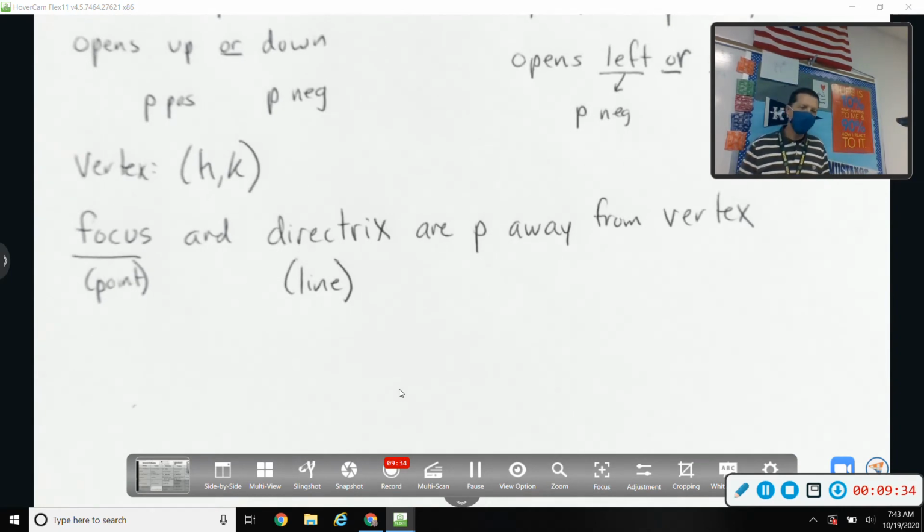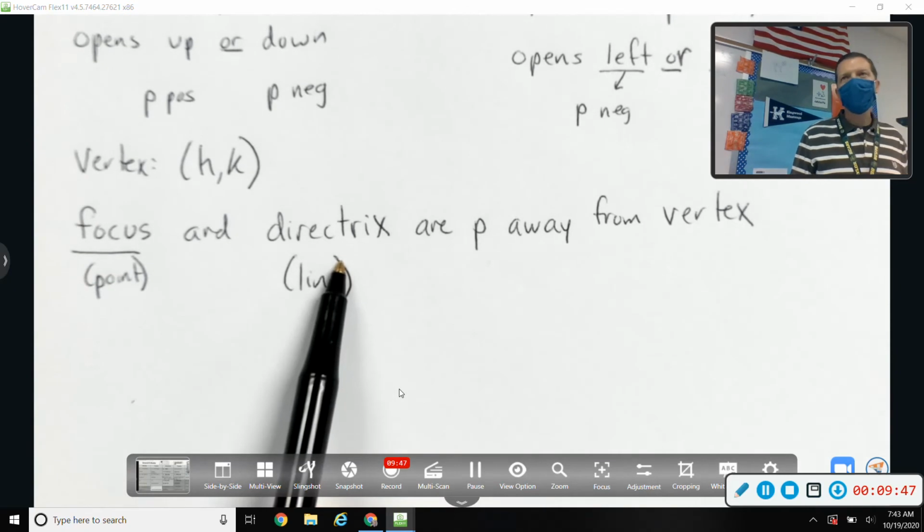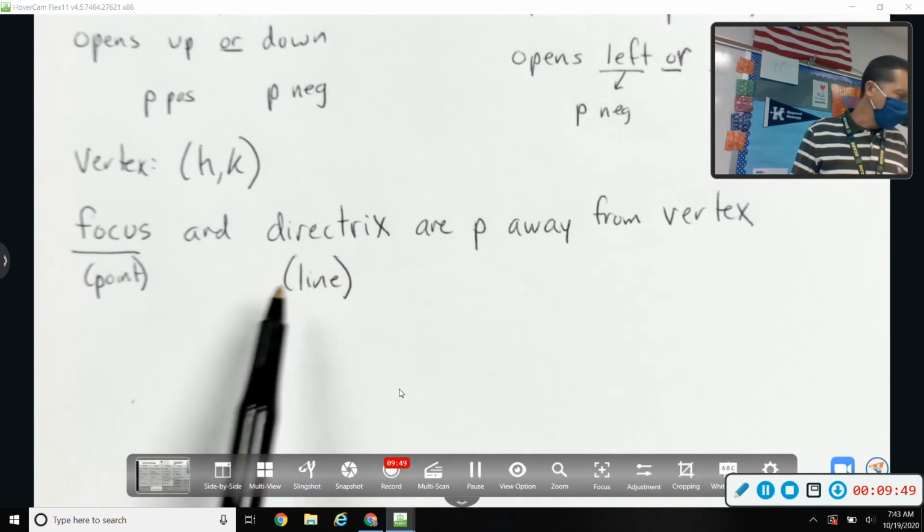So you'll start by going to the vertex, and then instead of having an a and a b to go up, down, left, right, you'll just have p. And you'll go that many, one way to get to the focus, another way to get to the directrix. And we'll look at how to know where to go in just a minute.